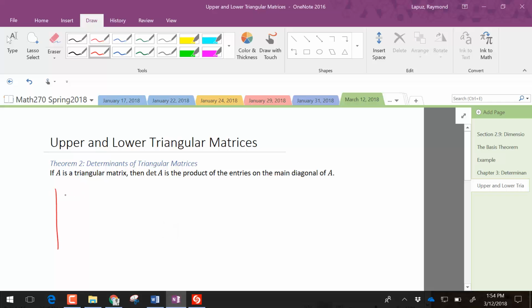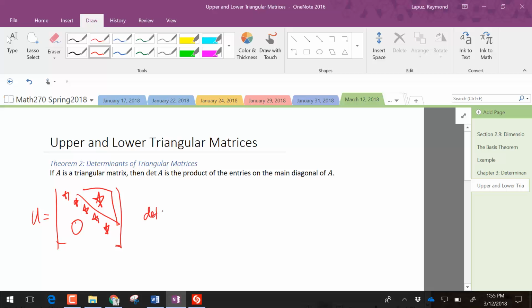What's that going to look like? We have stuff on the diagonal, then stuff here that may or may not be 0, and then stuff here that's equal to 0. Say this is an upper triangular matrix, let's call it U. Imagine expanding on this. You would probably want to expand on the first row or the first column or the last row, because there's a bunch of zeros there.